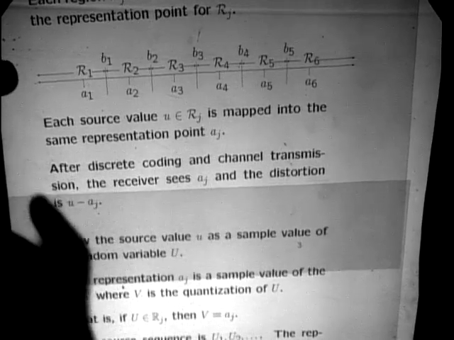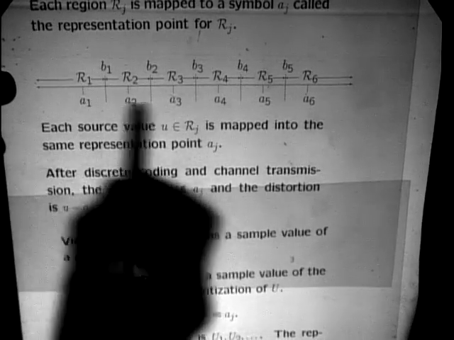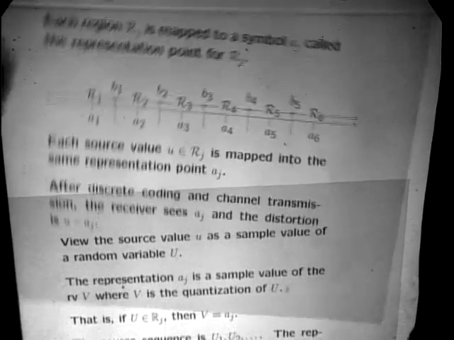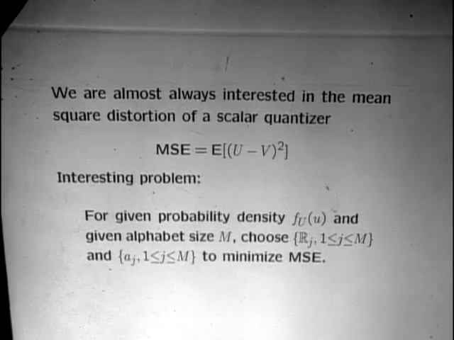So the only thing we need for a scalar quantizer, we can now forget about time and talk about how you choose the regions, how you choose the representation points. And there's a nice algorithm there. Again, one of these things which, if you were the first person to think about it, is an easy way to become famous. You might not stay famous, but you can get famous initially.